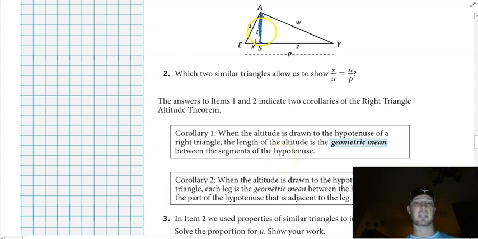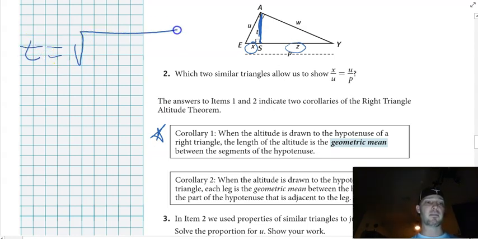So that value t, which is the altitude, is going to be the geometric mean of the two pieces of the hypotenuse of the big triangle. Without looking at anything else on this page, I know that t is going to equal the geometric mean of x and z.